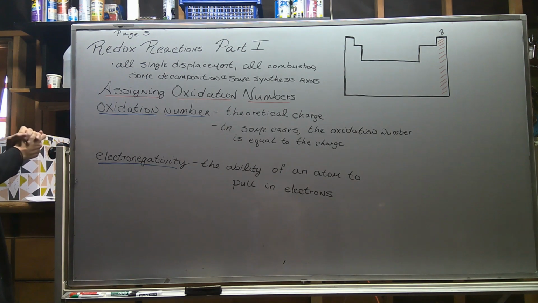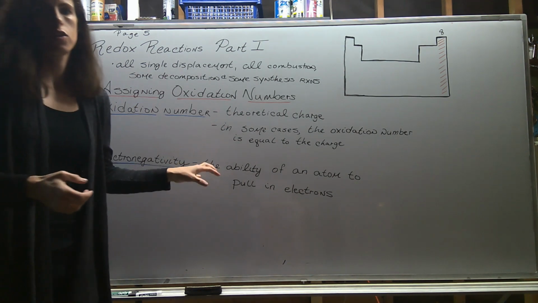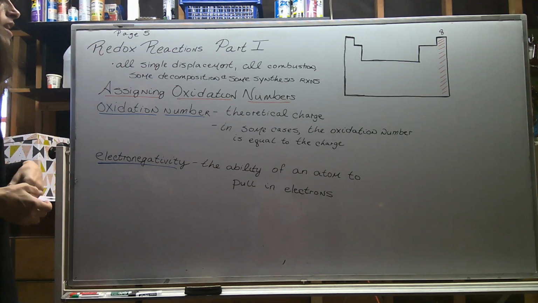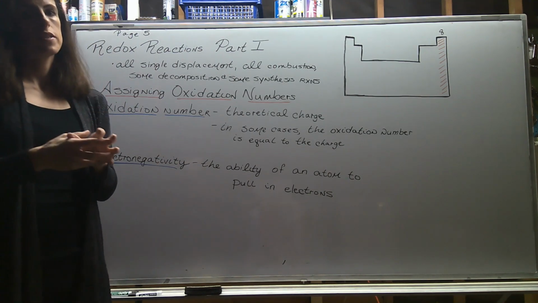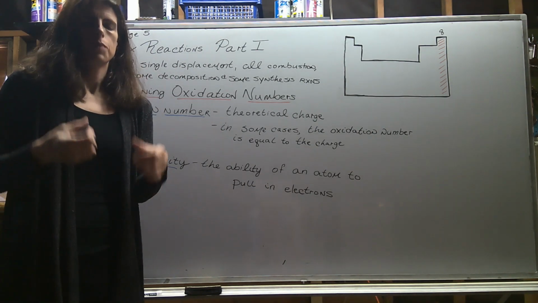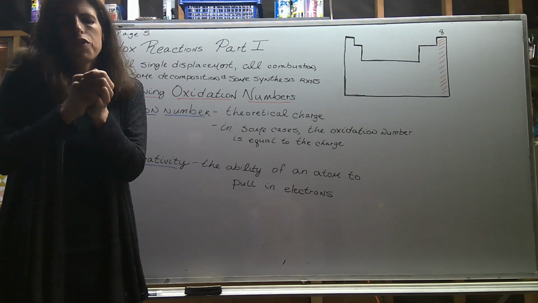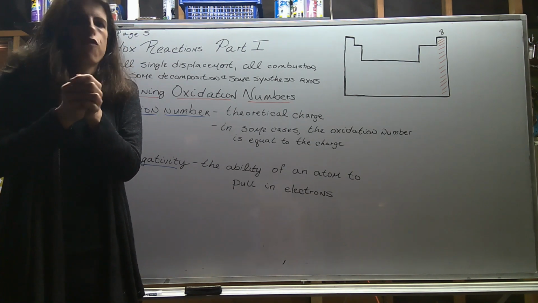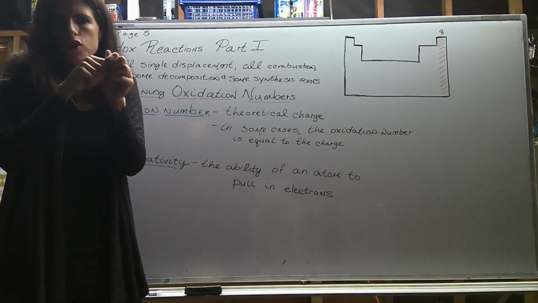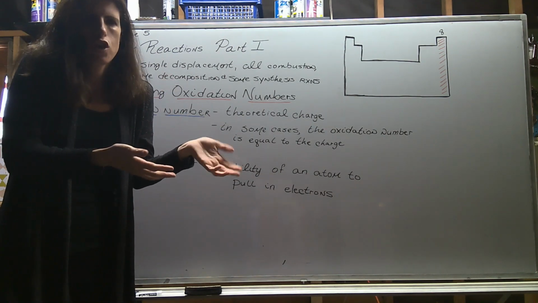All right, so assigning oxidation numbers. Oxidation numbers are theoretical charges. It wouldn't be fair to assign an actual charge to a covalent molecule, because remember, your covalent molecules stick together. They never break up and they never form a +1 or anything. They're always just together, so we can't say it has a certain charge.